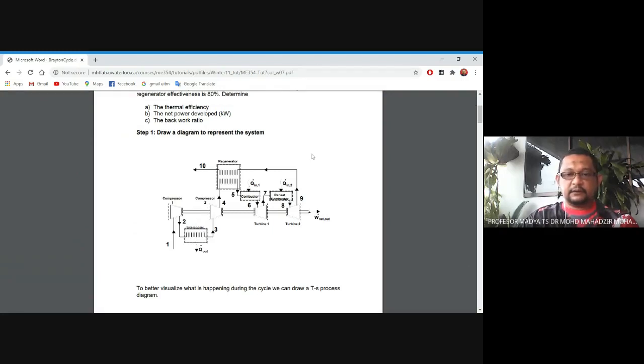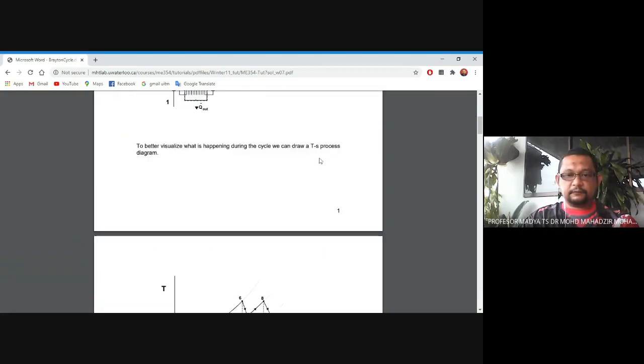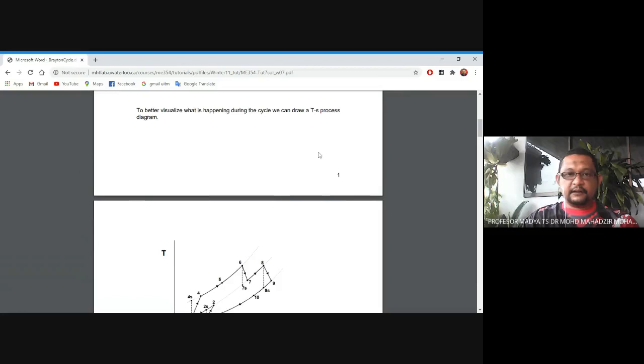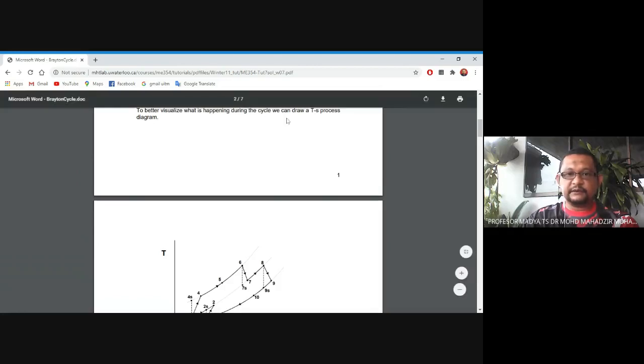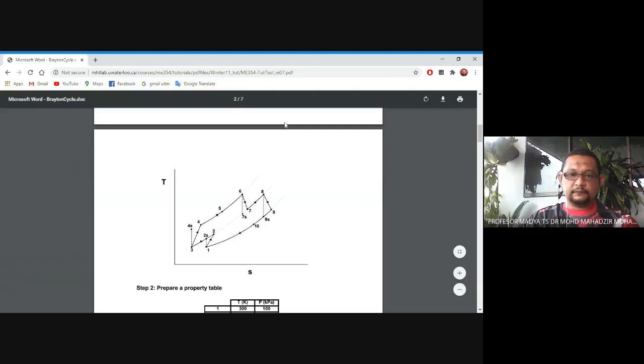Okay, and then, to better visualize what happens during the cycle, you also have to draw the TS diagram for this regenerative cycle that has an intercooler, reheater, and also regenerator.